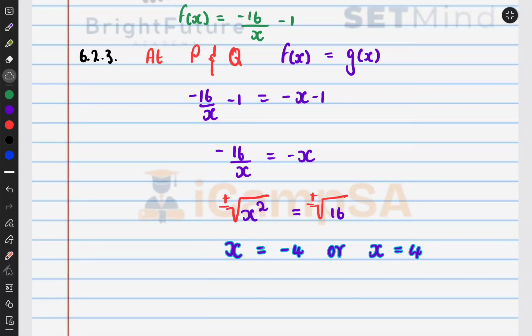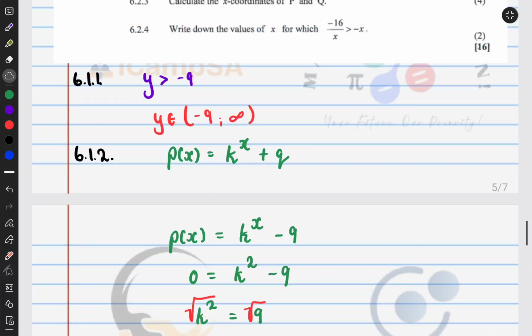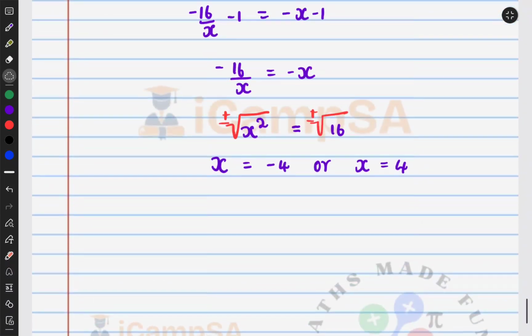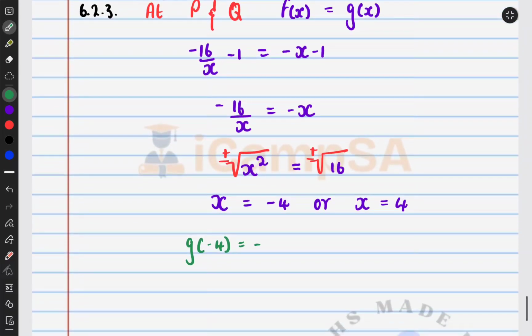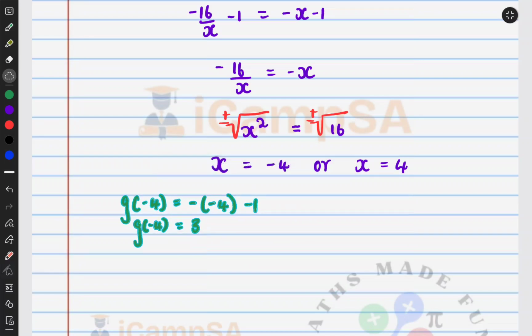And here we are asked to find the coordinates of P and Q, so we have to find the corresponding y values. We can just use the function of g for that. So g(-4) is going to be -(-4) - 1, which is 4 - 1, which is going to be 3. And then let's find g(4).